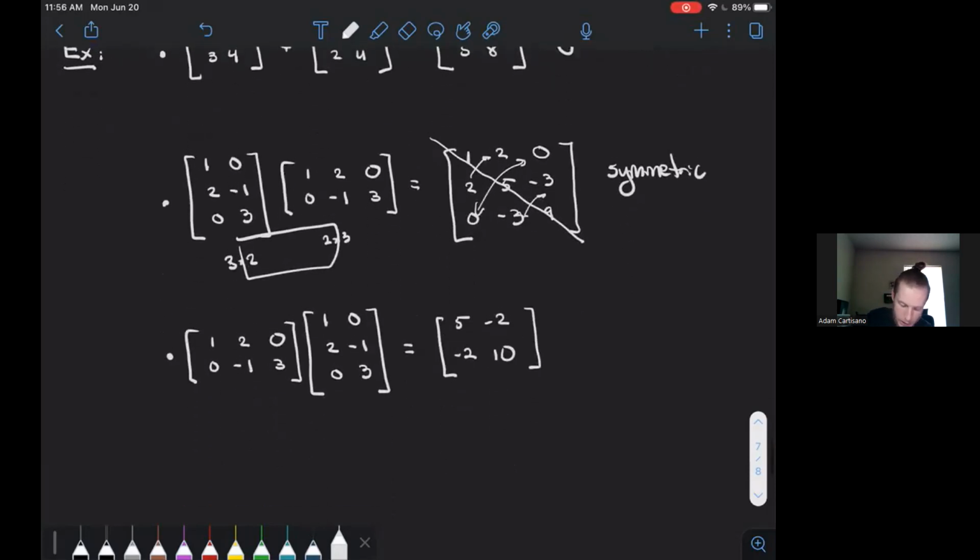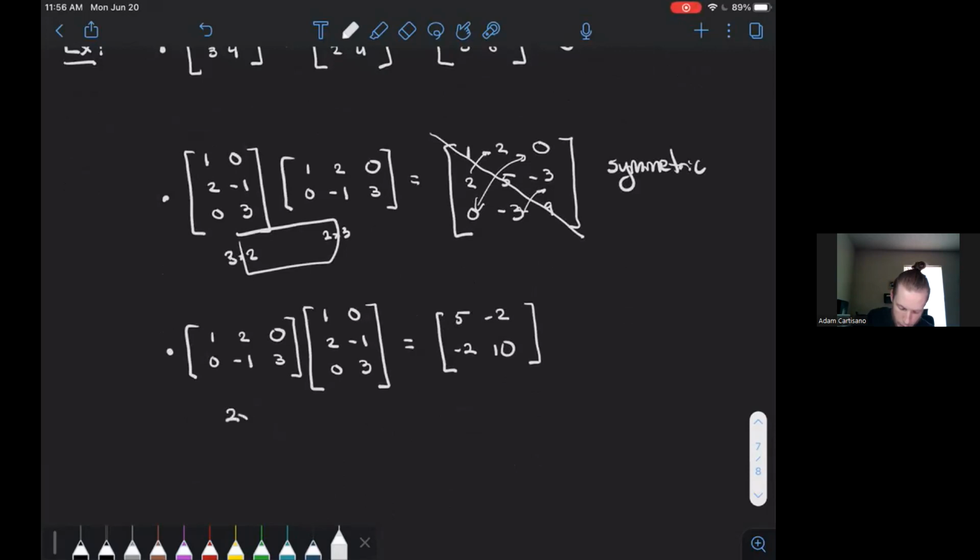Okay, and then if we did it again, this is now 2 by 3 and 3 by 2. The 3s match, and the 2s give us the dimension of the output, and once again, symmetric.